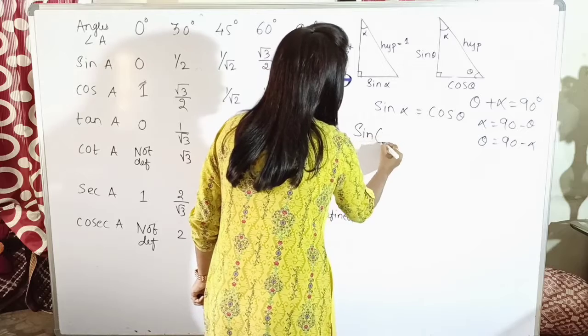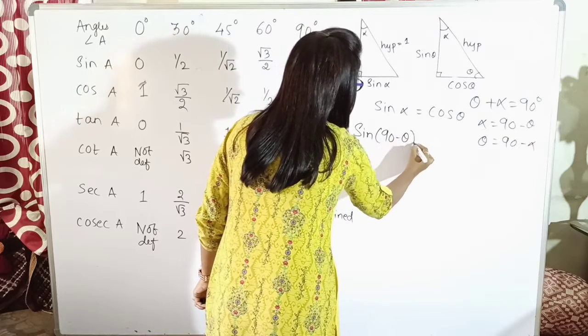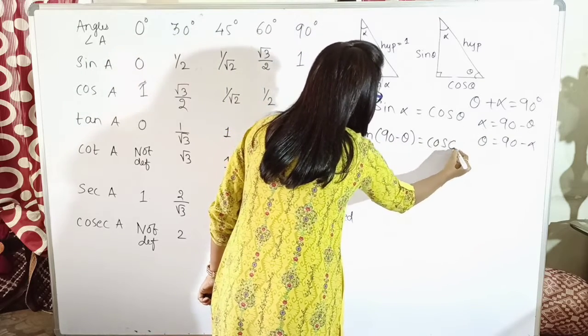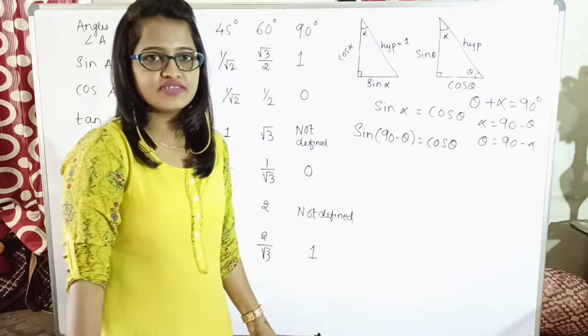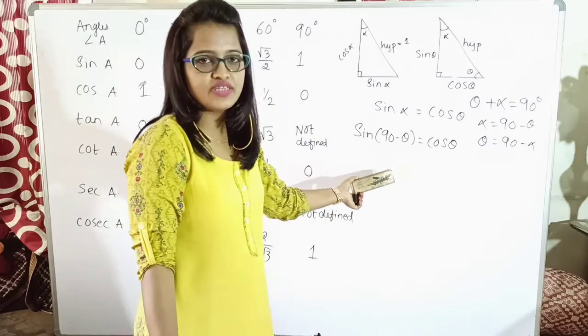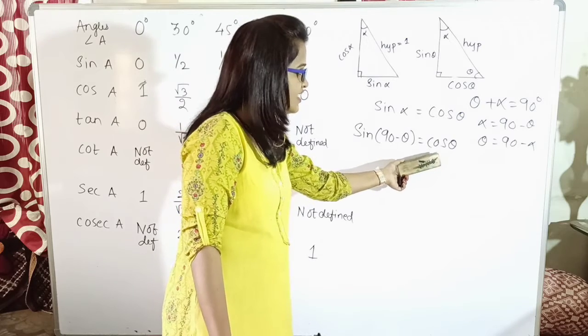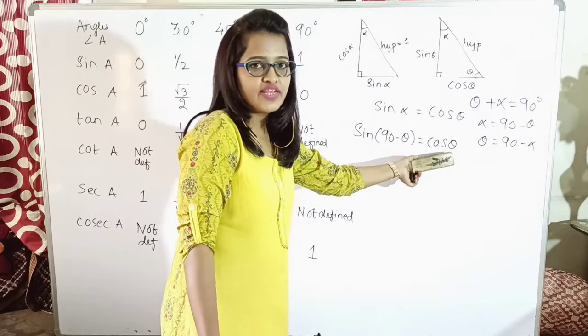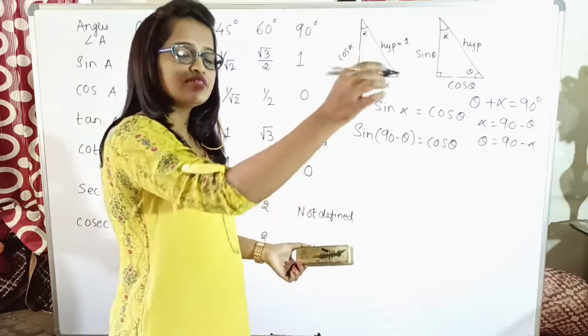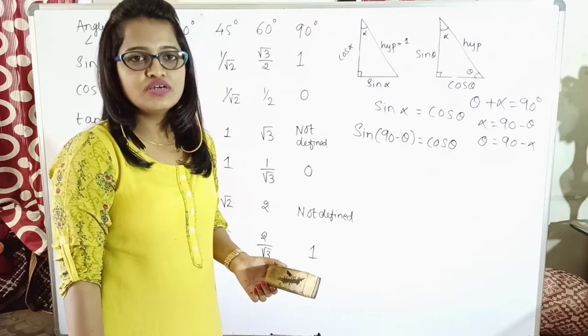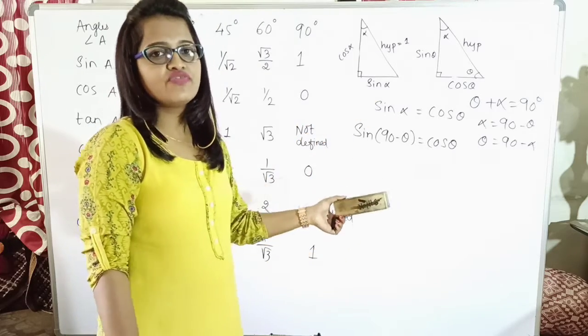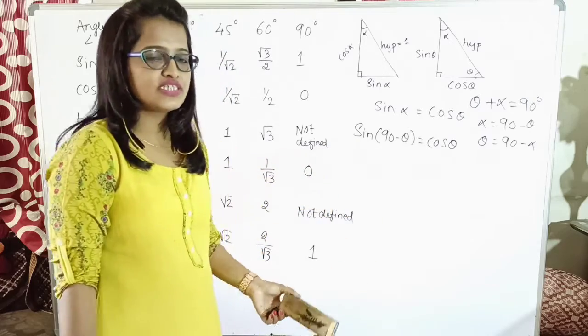So sine of 90 minus theta is nothing but cos theta, isn't it? That's what I had said previously, that sine and cosine are complementary of each other. So whatever the value of cos theta, you will get the same value for sine of 90 minus theta.